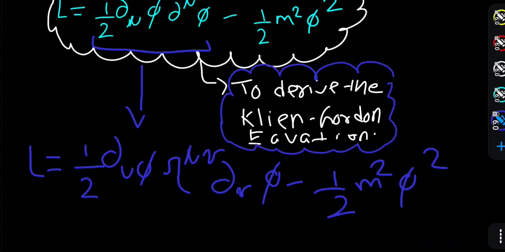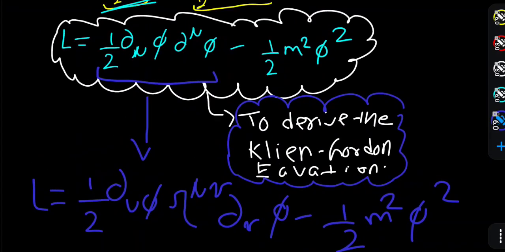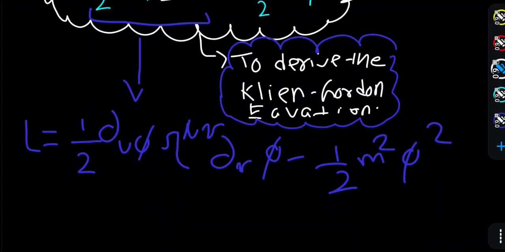I have just lowered the indices of this particular term. If I have to lower the indices, I have to apply the metric tensor here. This is the Minkowski metric generally, which is minus plus plus plus, or you can put plus minus minus minus. Both conventions are right.